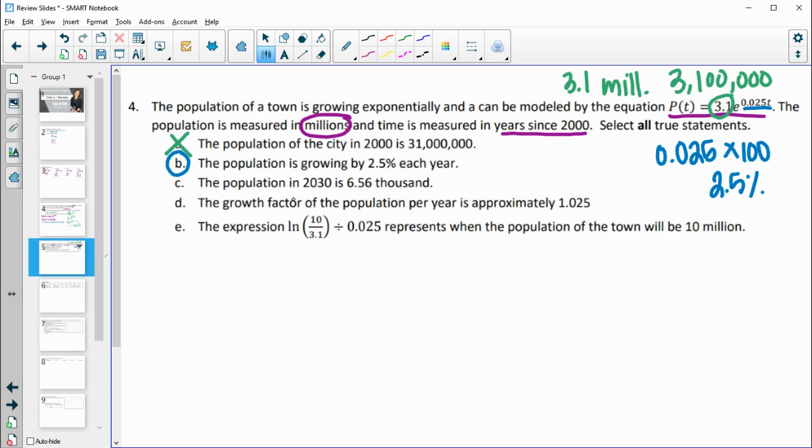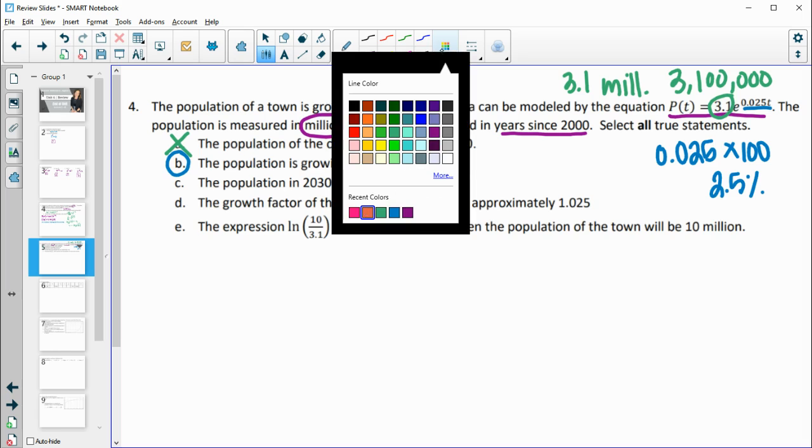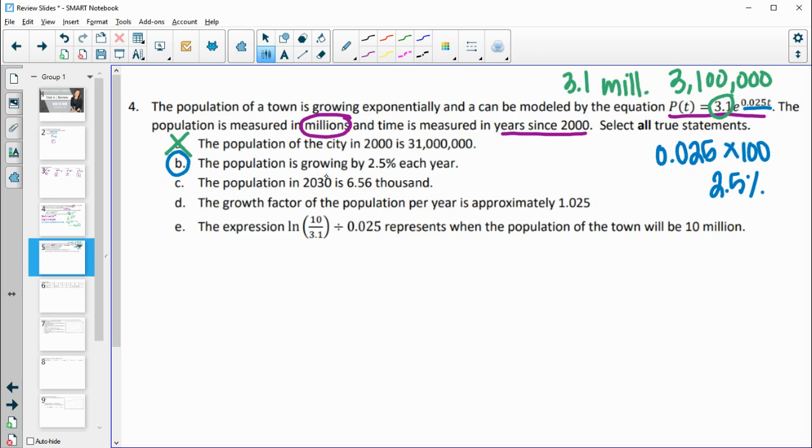The population in 2030 is 6.56 thousand. Okay, so if we plug in 30, because this is 2030, so that's going to be 30 years since 2000.